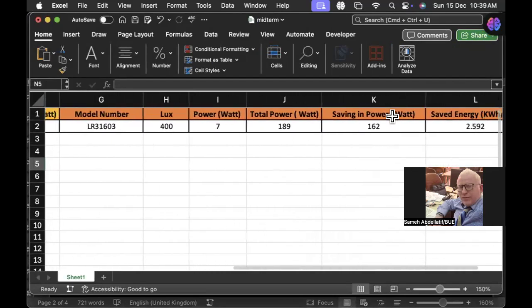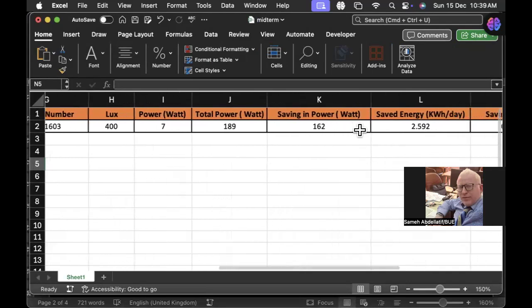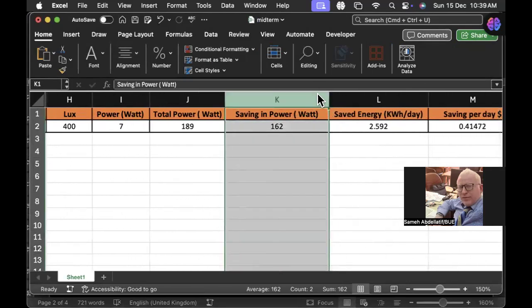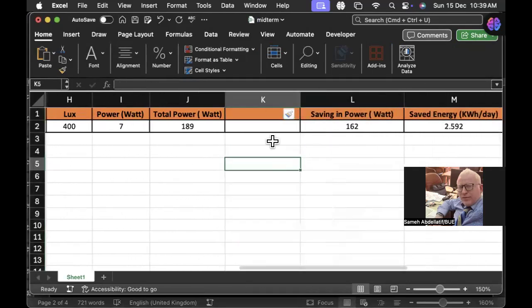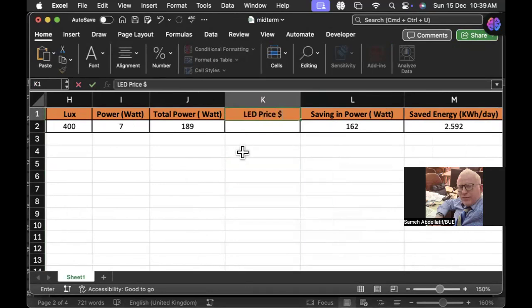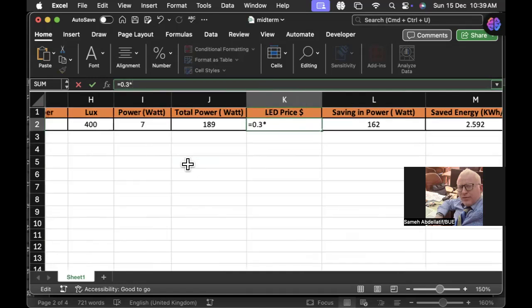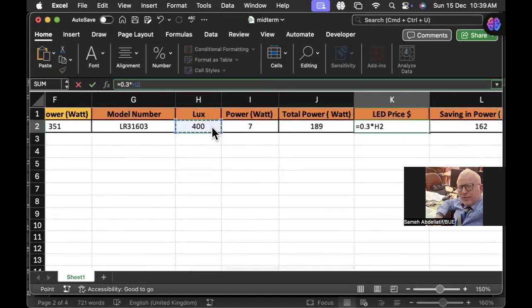I will return back here. They put here the LED price. Of course, it's still in dollars, and this will be equal to 0.3 times this number, which is 400.